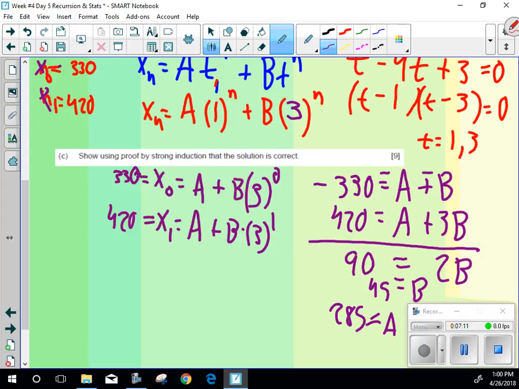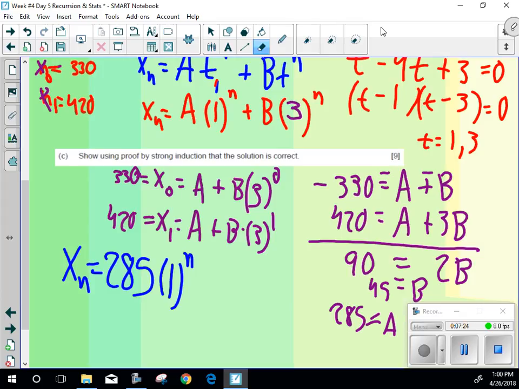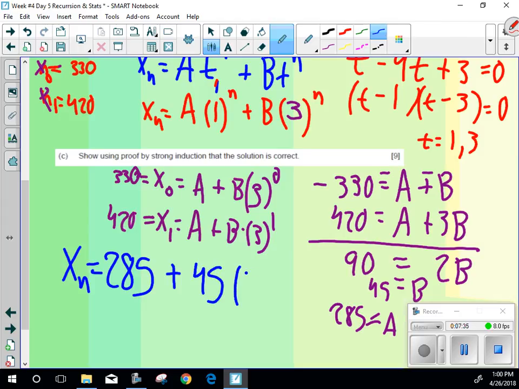So what we just did is we developed a formula that says X of n is equal to 285 times 1 to the n. Well, 1 to any power is what? 1. And then it's going to be plus b, which is 45 times 3 to the n.